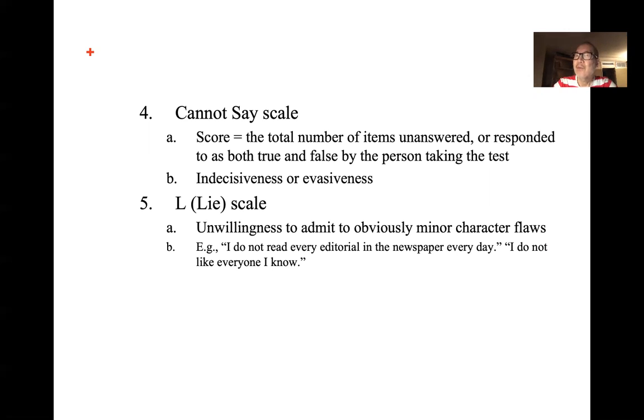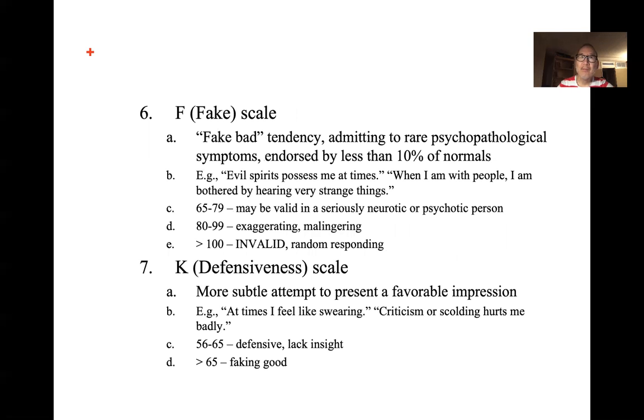Really? So again, one or two of those endorsements won't kill you. But as I mentioned before, the lie scale is composed of about 30 to 40 items. And if you endorse a whole bunch or the majority in that direction, it elevates your lie scale.